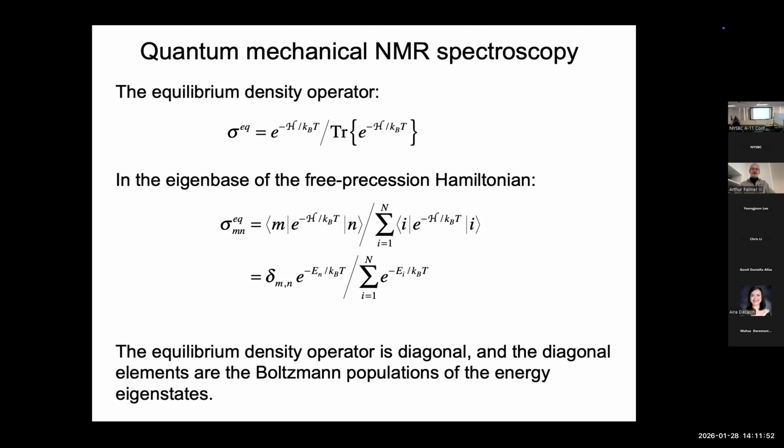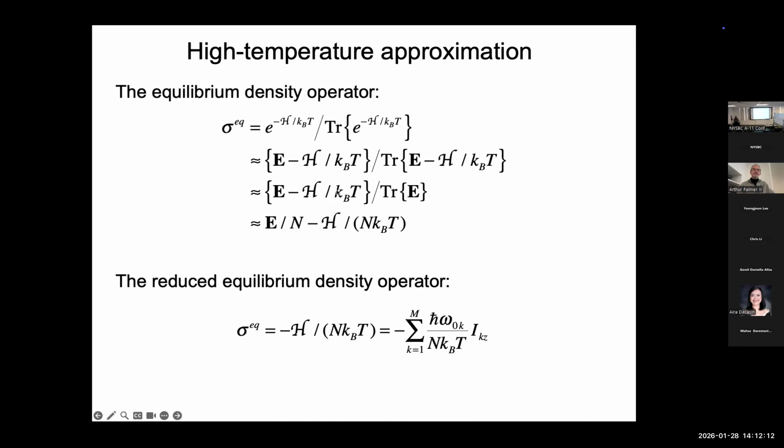A very simple result. And again, these exponentials are very close to unity because the arguments are very small at our temperatures and with our energies. This can be expanded to first order in a Taylor series.